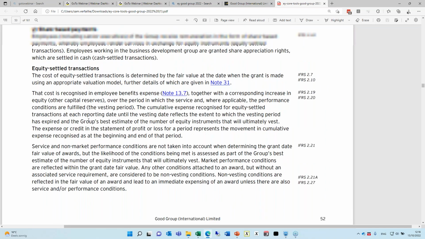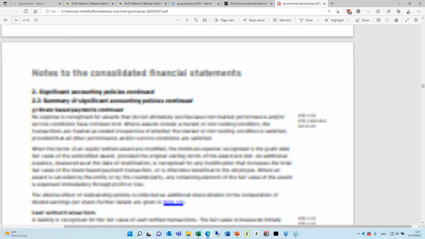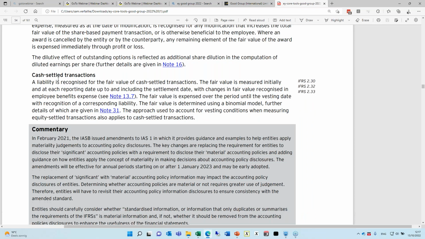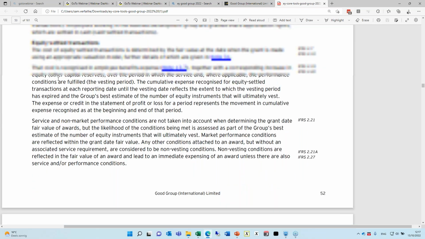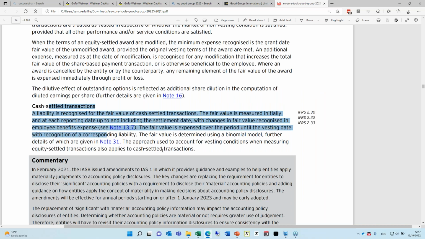Here it is. You see here the accounting policy of share-based payments, where we have the accounting policy for equity settled and also for cash settled transactions. Only include those that are applicable. So avoid being boilerplate, be very specific. Explain the accounting treatment of the transactions that you have. If you don't have cash settled, you don't need to include this in your accounting policies.